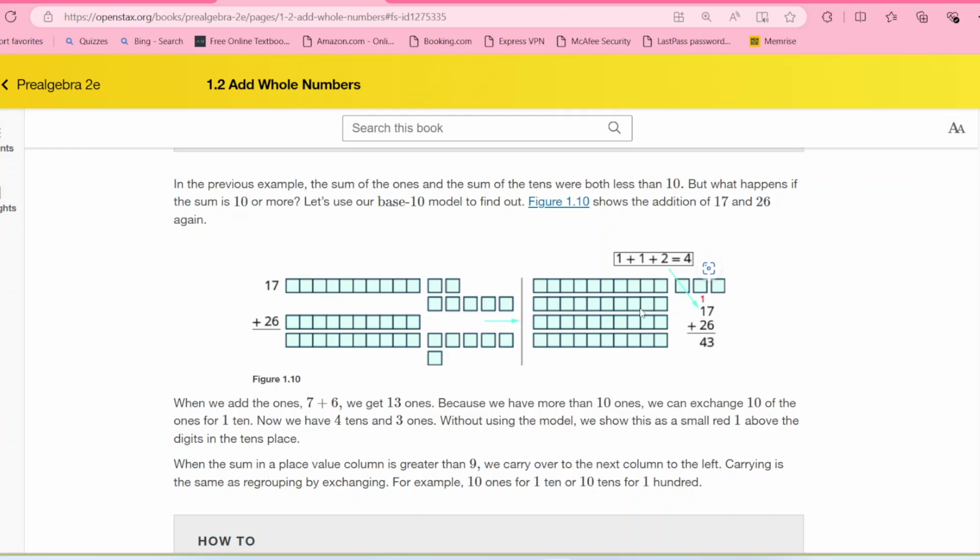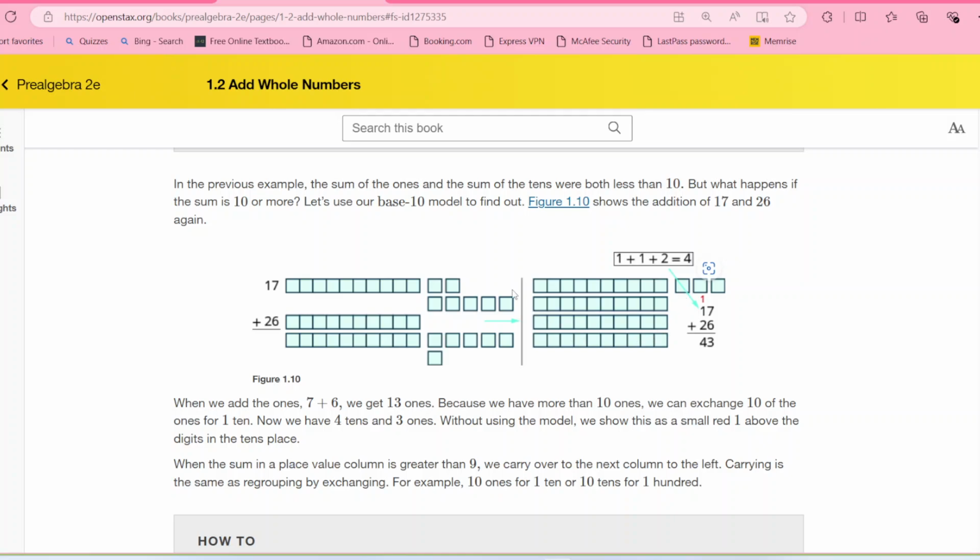When you put those together, there are 3 tens and 7 ones and 6 ones. 7 and 6, it's 13, which is another 10 and 3 ones.